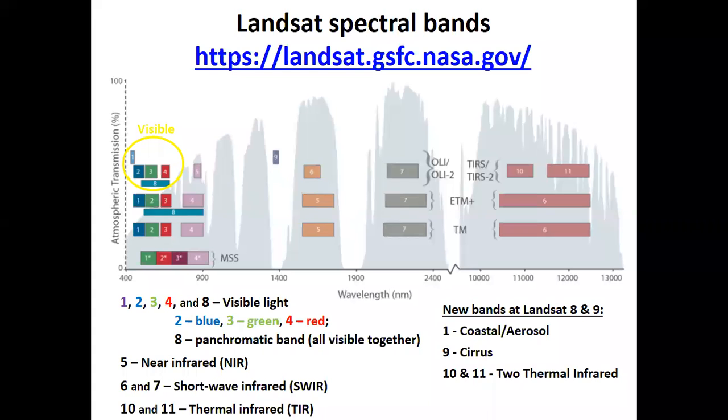Also, usually starting from Landsat 7, you could see the so-called panchromatic band. What is it? It means recording all visible light, or sometimes visible and some part of infrared light, all together without separation for blue, green, and red. It is like a black and white picture, like an old black and white television.